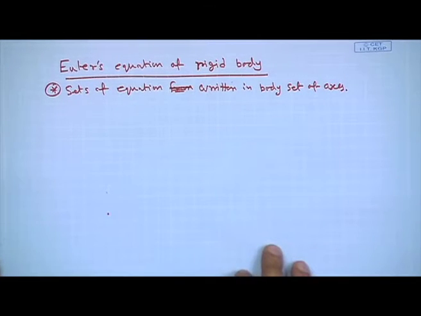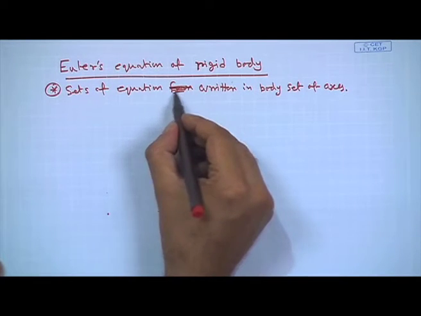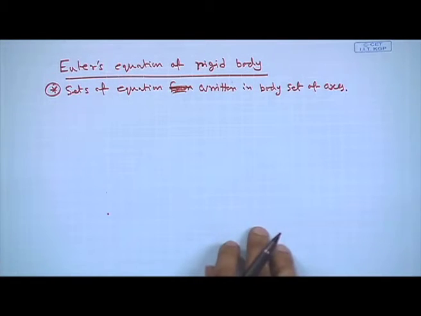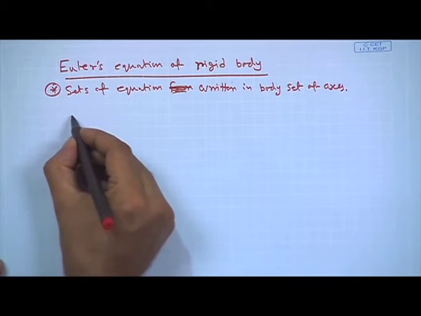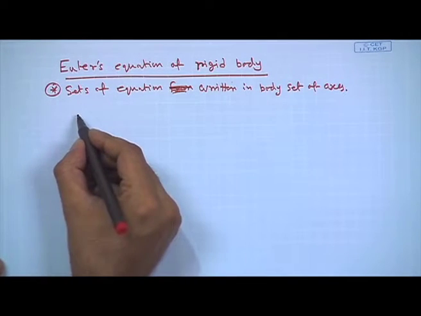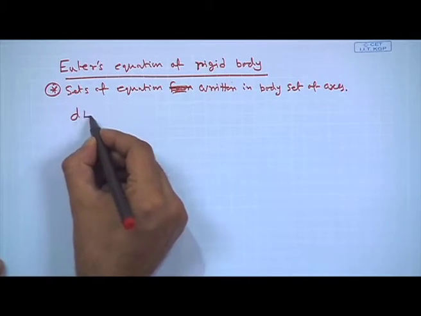Okay, and there are ways of connecting this with the space axes, because finally we want to integrate and see what the dynamics are. For certain cases, of course, we are happy with sitting in the body set of axes, but certain times we would like to set ourselves in the space set of axes and see the dynamics from there.